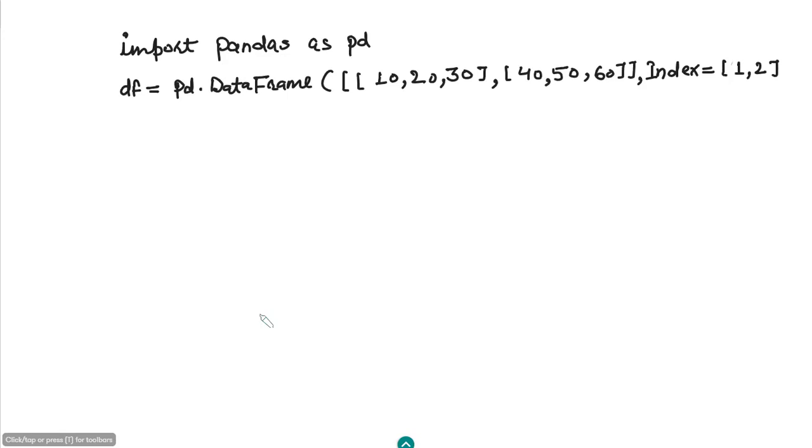As well as you can add columns, and just pass the column names here: A, B, C. This is the column name. Now close the parenthesis and print the entire data frame.